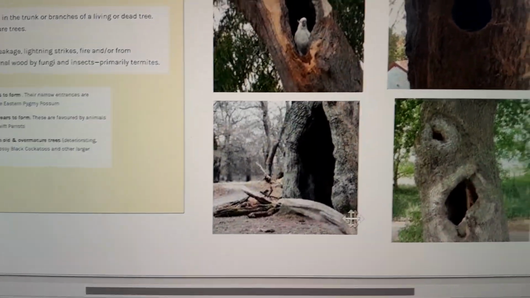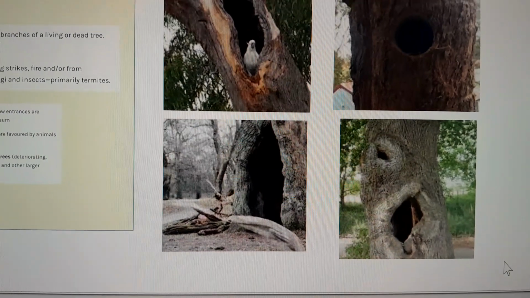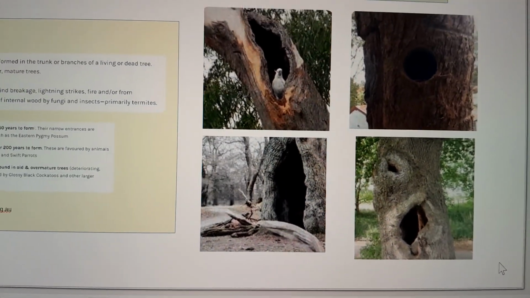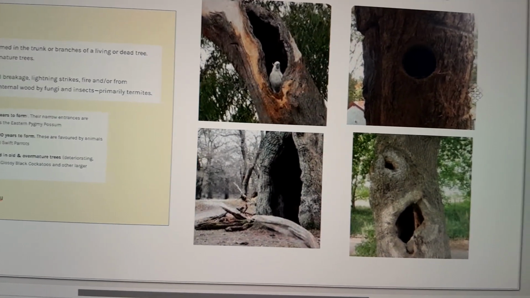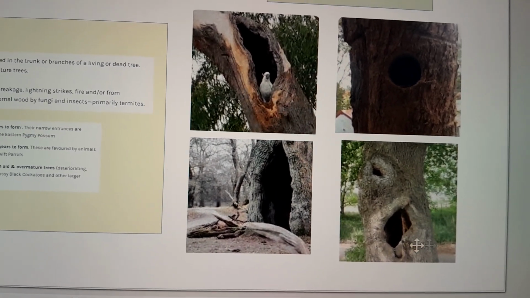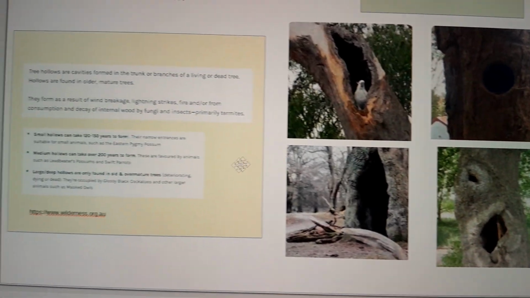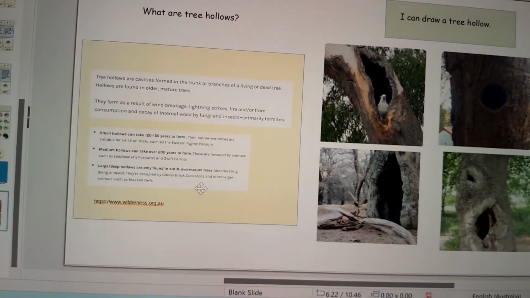Now, tree hollows are very different. They all look very different. We can talk about why. It takes the way they are formed and how long it took for them to form that way. All that takes into account the type of tree as a consideration.